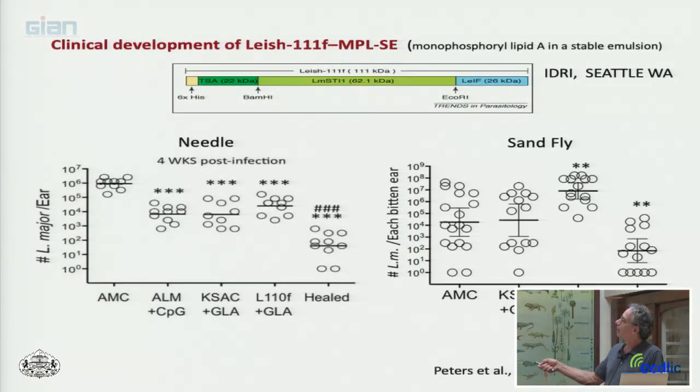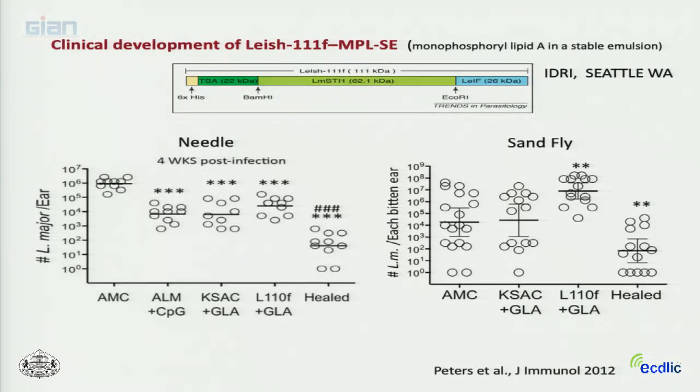So same deal. These are formulations of their vaccine with this adjuvant. It confers some protection compared to the age-matched controls against needle challenge. No immunity with the other formulation. Again, each of these circles is the parasite load in the ear of a single mouse.